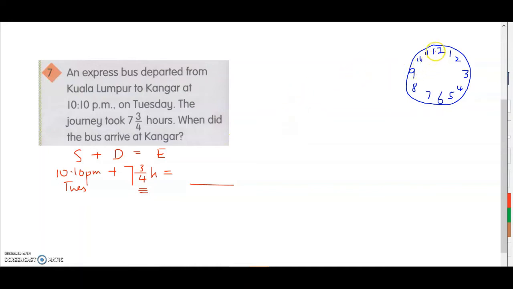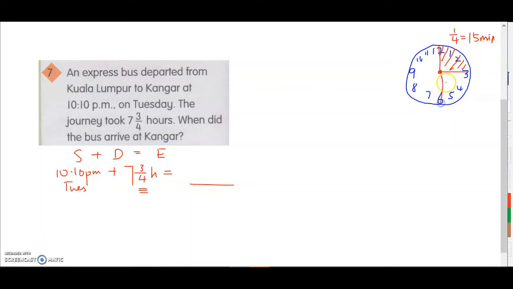So if you look at the clock over here, it looks like a round pizza, right? So this 1/4 here, from 12 to 3, equals 15 minutes. 1/4 is 15 minutes.